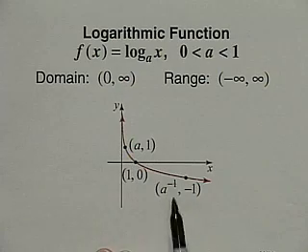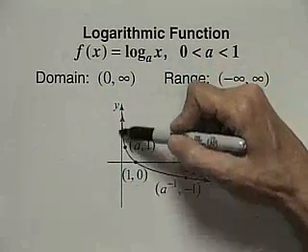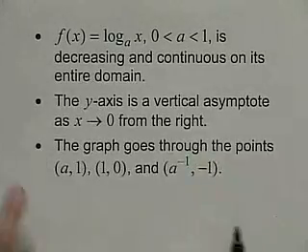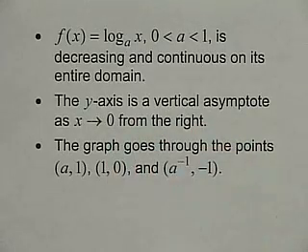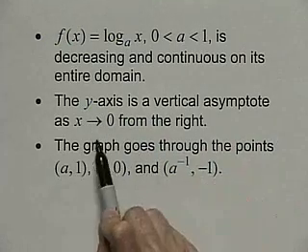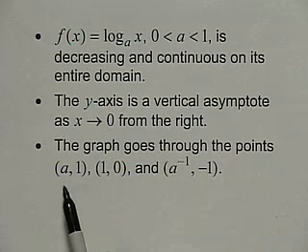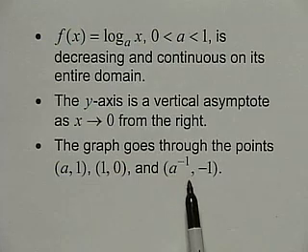I should point out, though, we still have the y-axis acting as a vertical asymptote. For this function, where a is between 0 and 1, the function is decreasing and continuous on its entire domain. The y-axis is a vertical asymptote as x approaches 0 from the right, and the graph goes through the points a, 1; 1, 0; and a to the negative 1, negative 1.